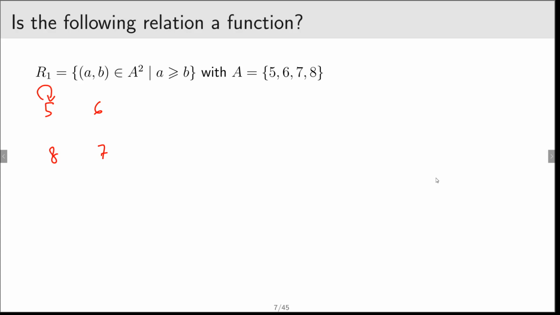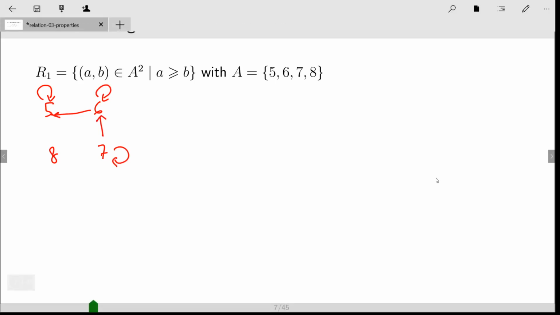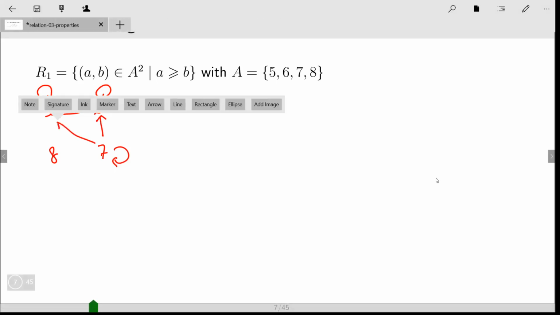How about 6? From 6, it's greater than or equal to 6 itself, so you have this, and also greater than or equal to 5, so you have this. Now similarly for 7, you have this, and then you have an outgoing arrow from 7 to 6, and an outgoing arrow from 7 to 5.